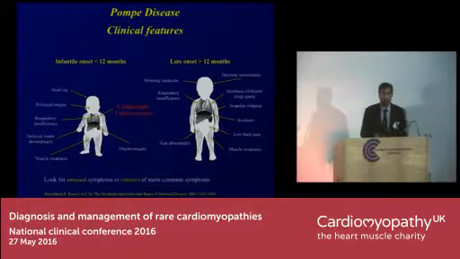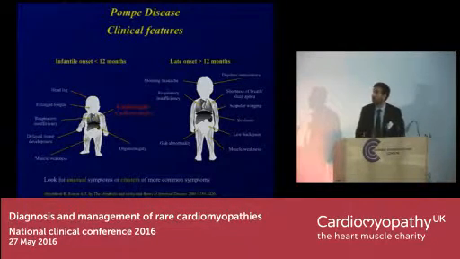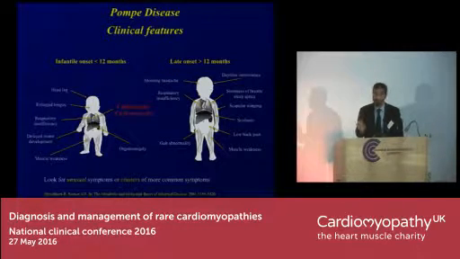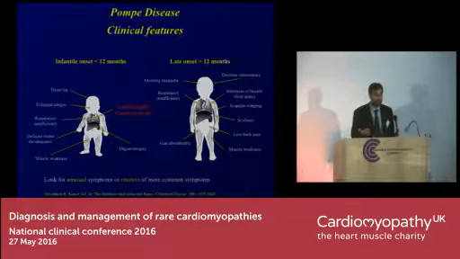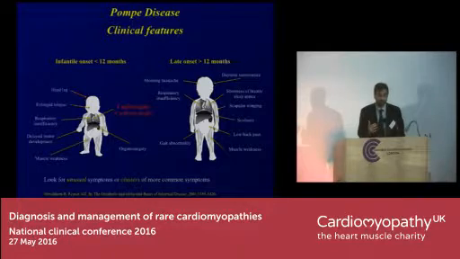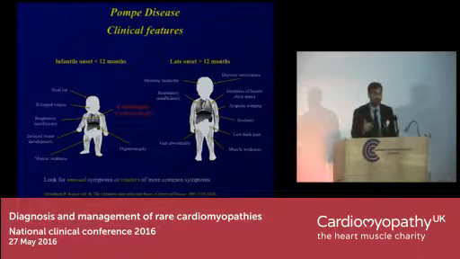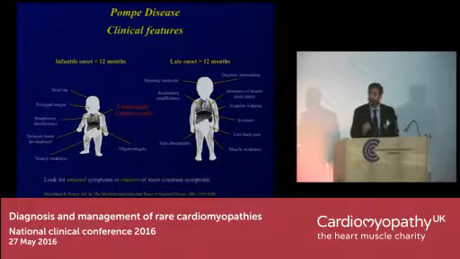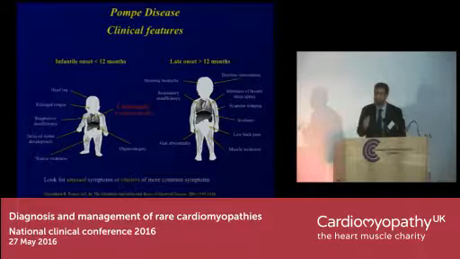Of course, lysosomes are everywhere in our body, but the phenotype is mainly heart, muscle, and a respiratory phenotype. And this phenotype can be really aggressive in infants with a severe cardiomyopathy, a severe hypotonia, while the phenotype in childhood is similar but less severe.